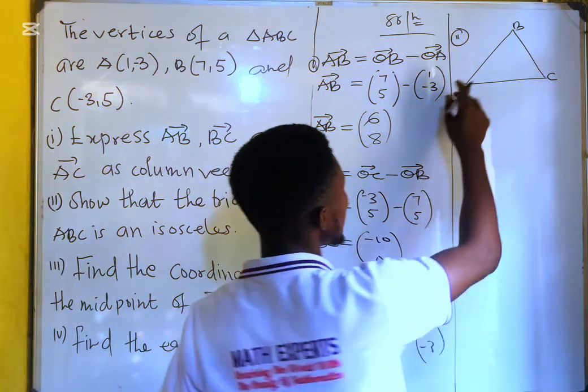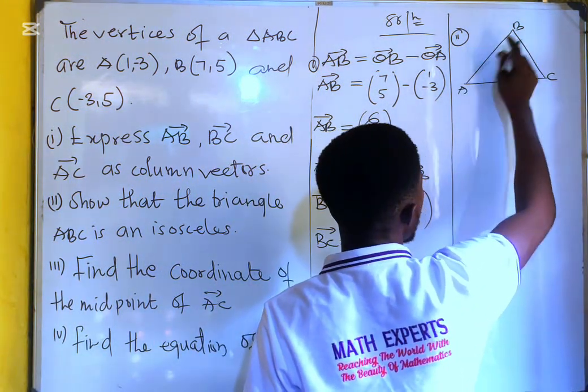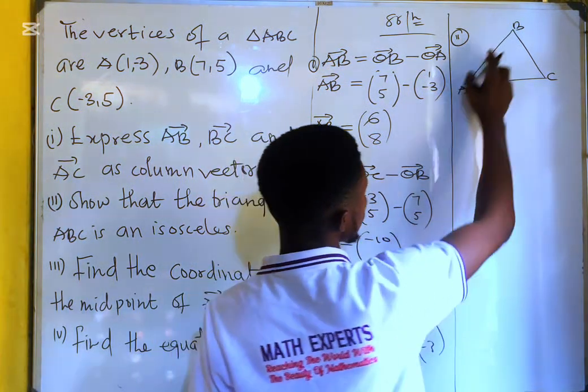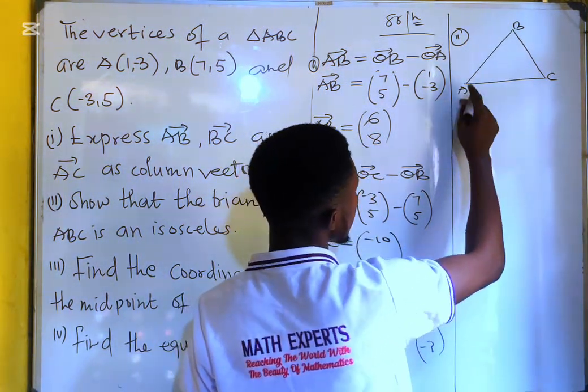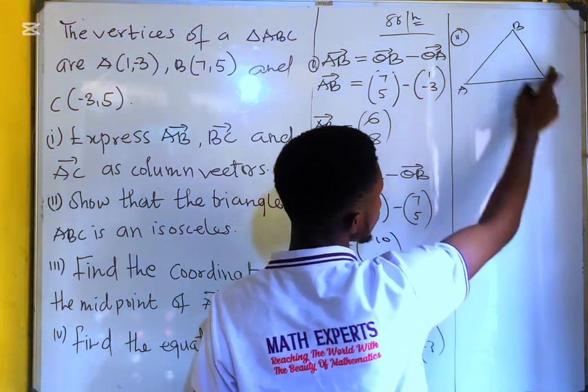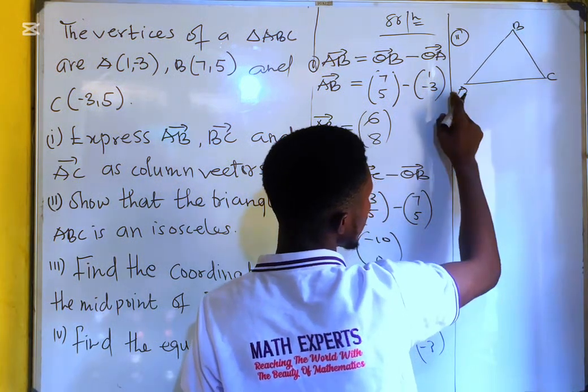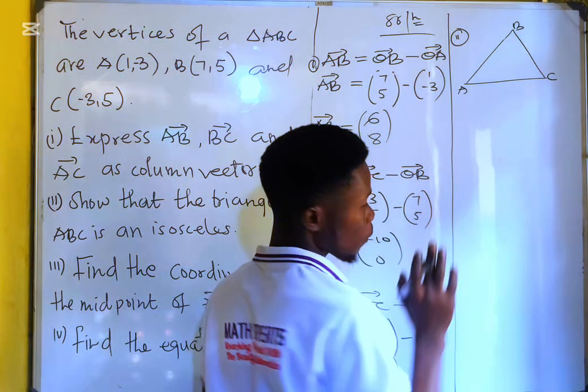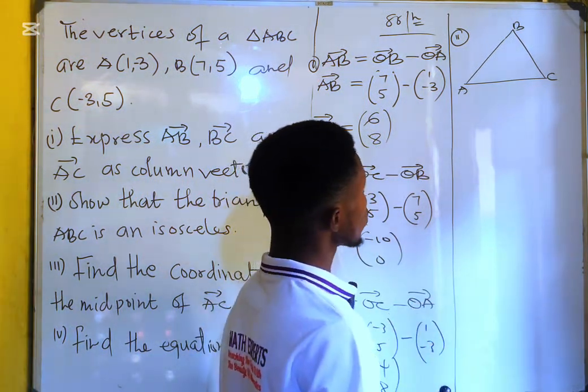Let's see. So this is A to B, right? B to C, A to C. So if you want to show that this is an isosceles, then either A to B should be equal to B to C, or A to C should be equal to B to C, like that. So let's look at it.